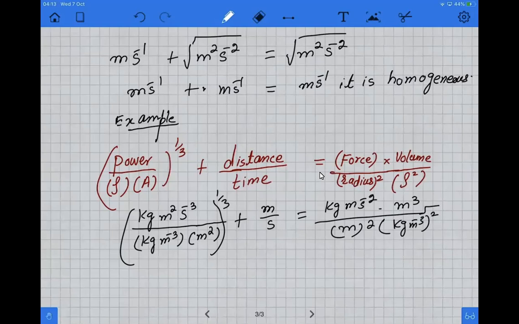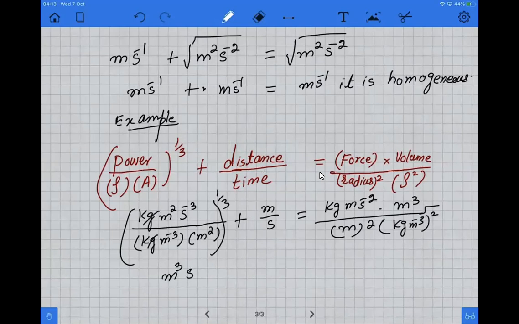Now the first unit will become kilogram is cancelled with kilogram and it will become, it was kilogram meter power minus 3 meter square and power is kilogram meter square second minus 3. So it would become meter power 3.